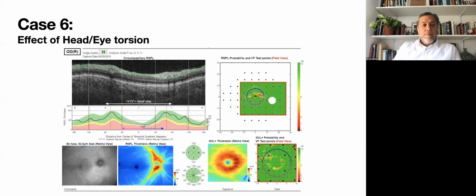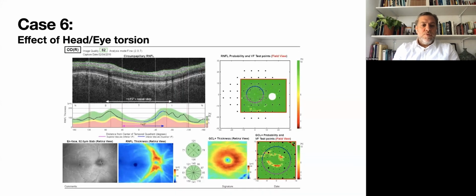The last example is a defect of head and eye torsion on the exam. Here we'll see normal, normal, normal, and there's something here and something here that we don't know if it's normal or not. If we reposition the patient and scan again, look, it disappears.